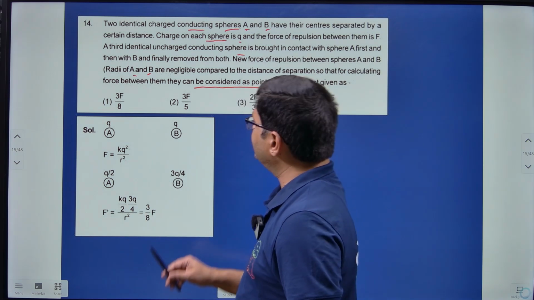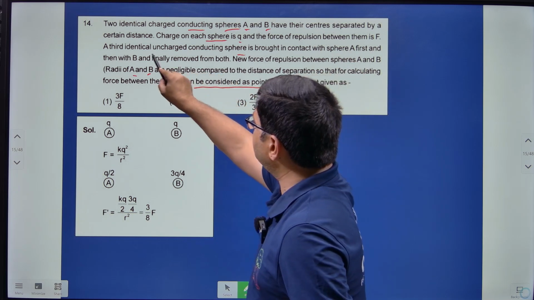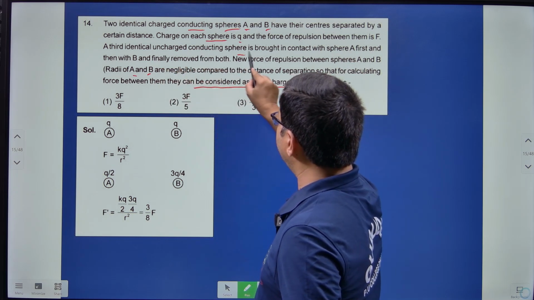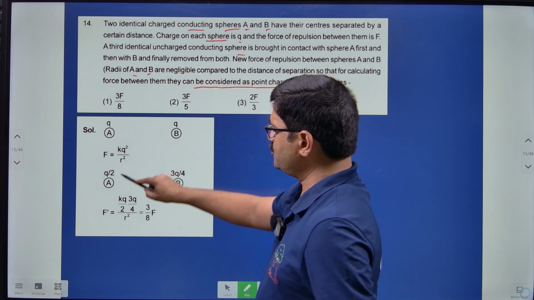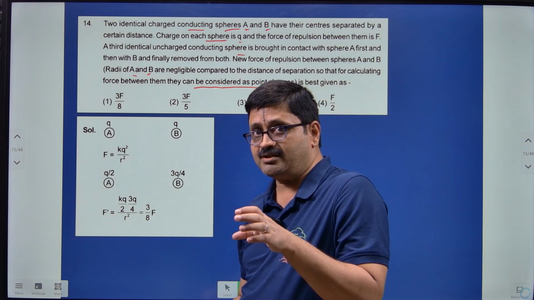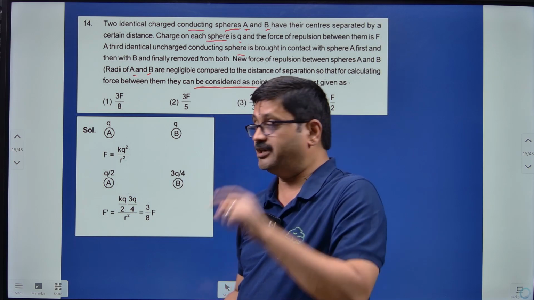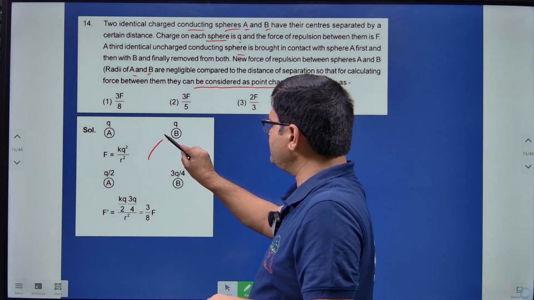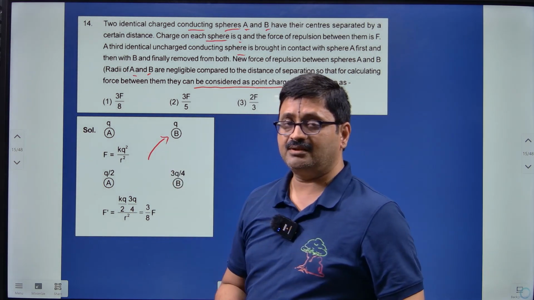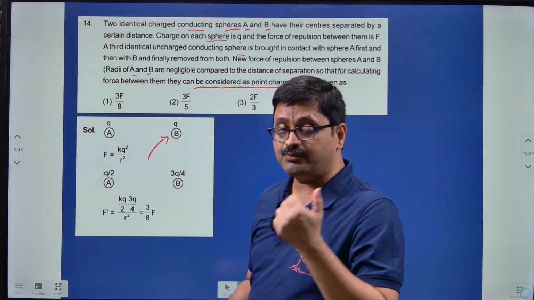Then next, a third identical uncharged conducting sphere is brought in contact with sphere A. So hence the third conductor will take Q by 2 charge. Then what is the charge on the third conducting sphere now? Q by 2. When this Q by 2 is made to contact with B, what will be the net charge distribution?